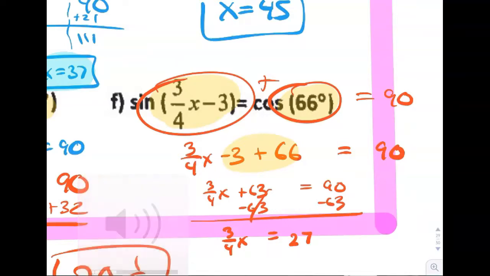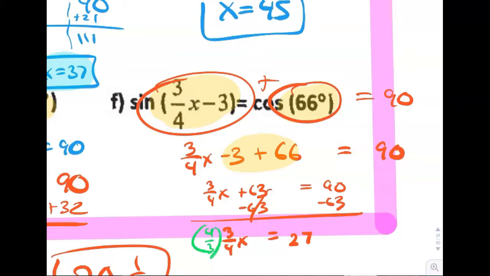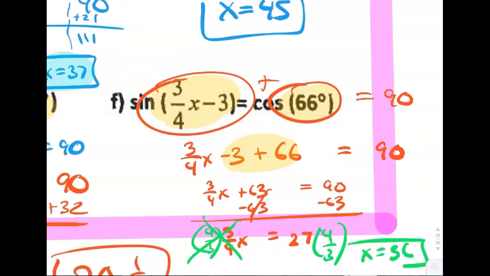And then from this point, we could multiply both sides by 4/3 to cancel that out. So whatever 27 times 4/3 is happens to be 36 on your calculator. 27 times 4 divided by 3.